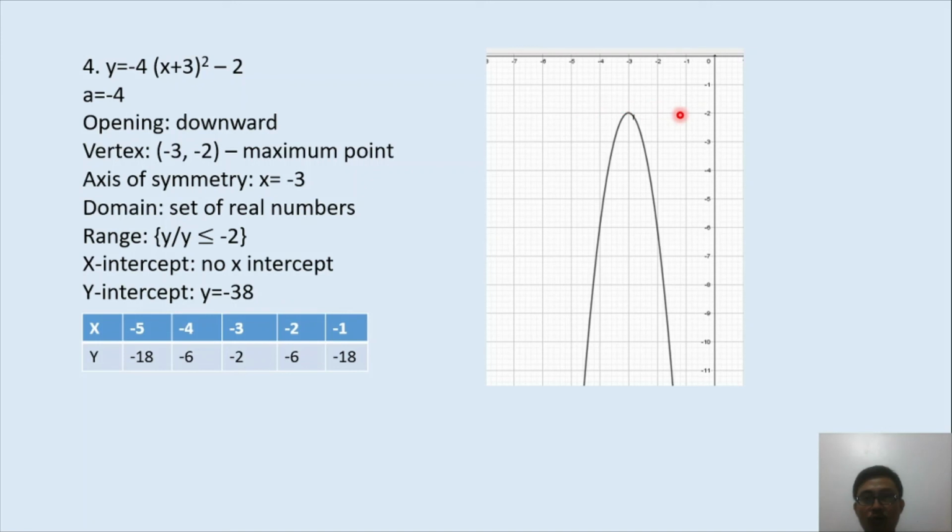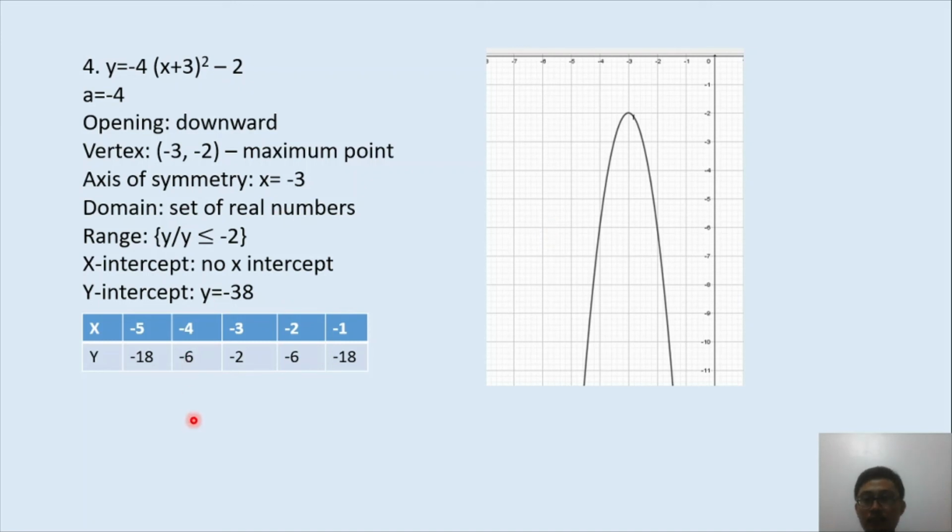Yeah, ito yung kanyang maximum point. Then, yung other ordered pairs, you have negative 2, negative 6. You have negative 4, negative 6. And then, yung negative 5, negative 18, tsaka negative 1, negative 18, hindi na siya kasya. Pero, eventually, doon naman sa app na ginamit ko sa pag-graph, aabot yan. Tatama si negative 1 and 18 as your points.